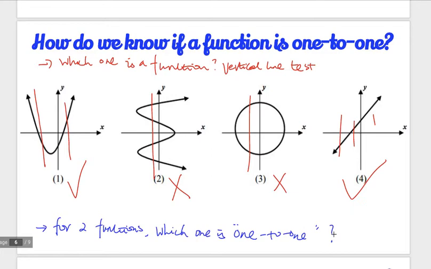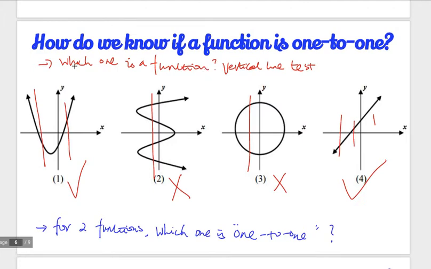What do you think? Remember, we said one-to-one is when x is different, y is different. Basically, we're saying two different x values cannot have the same y.